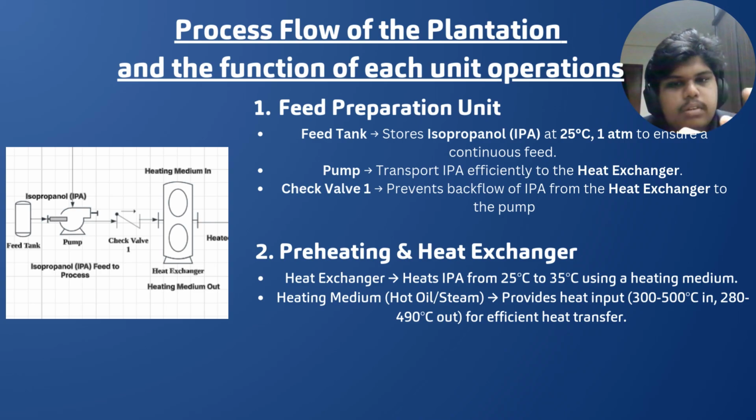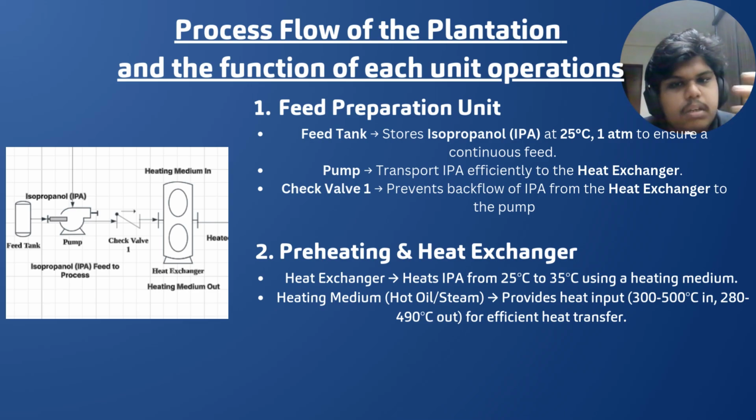Alright, so the second process is preheating in the heat exchanger. It has one unit operation, that is the heat exchanger, of course. The heat exchanger heats IPA from 25 degrees Celsius to 35 degrees Celsius using a heating medium.